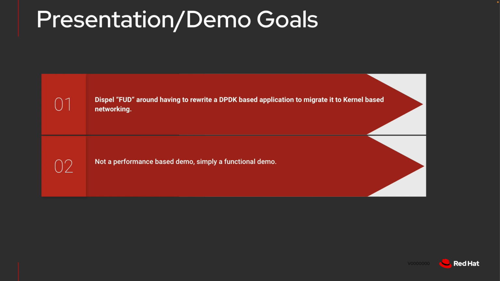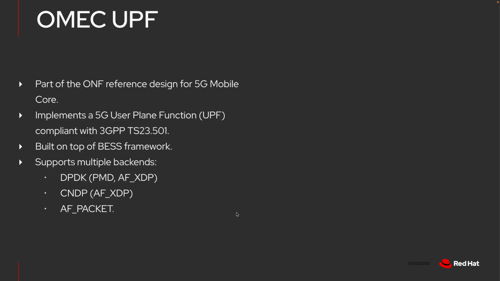And the last thing to highlight is that this is not a performance-based demo. It's simply a functional demo. Certainly more time can be spent to try and fine-tune the application or the AFXDP part to figure out the right number of cores, whether or not to use busy polling, and so on and so forth, if that's something that people are interested in doing.